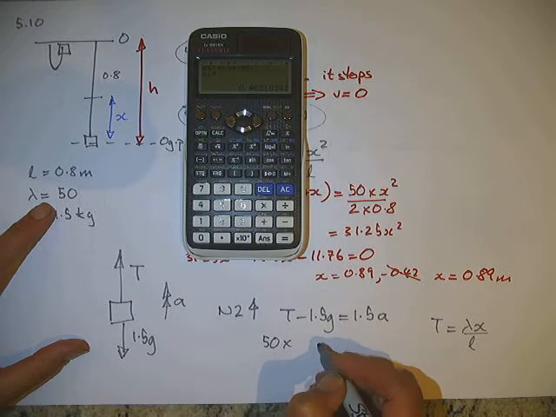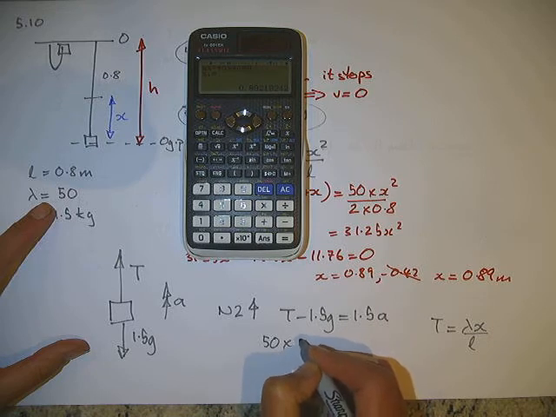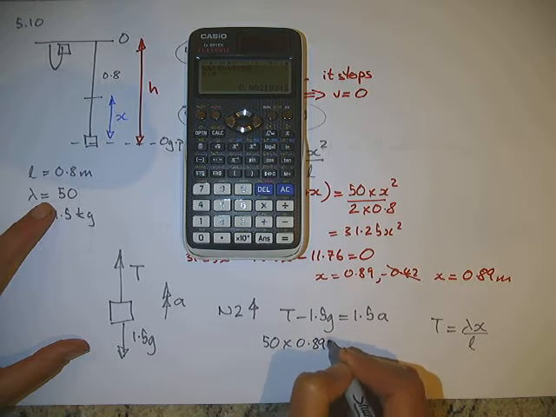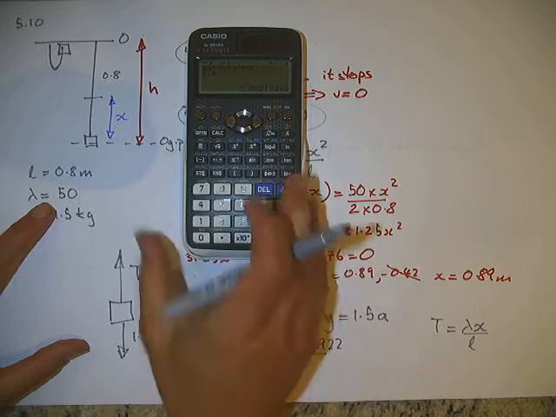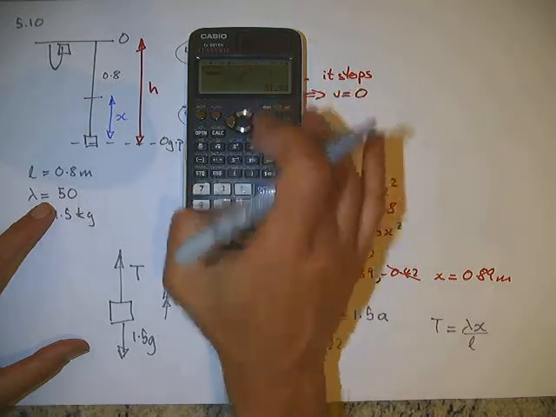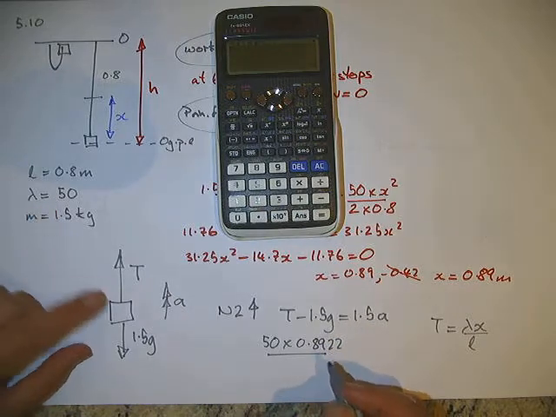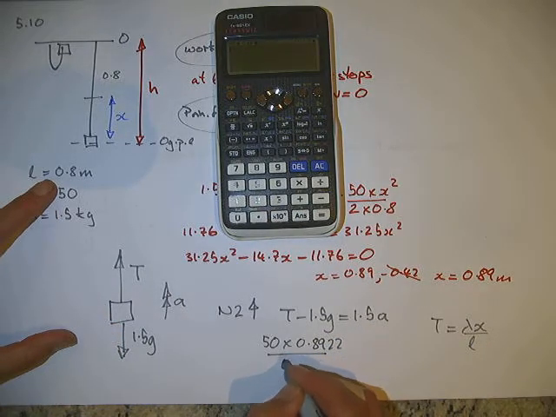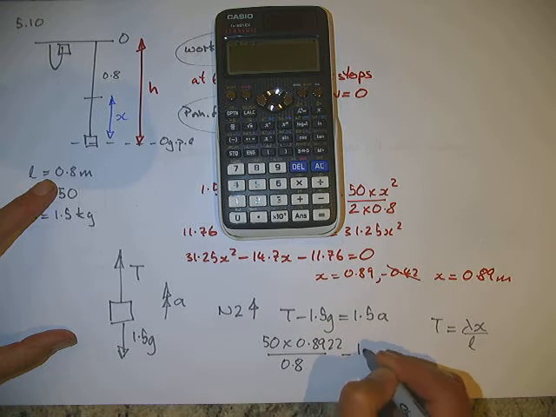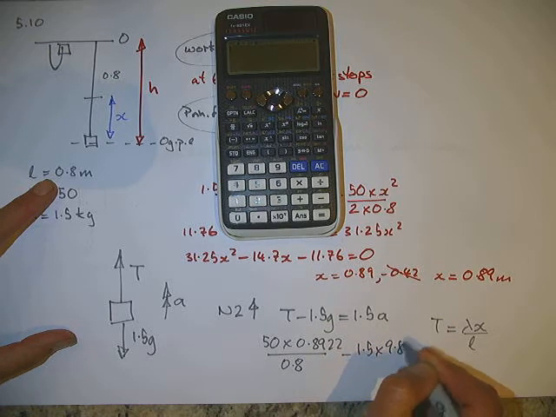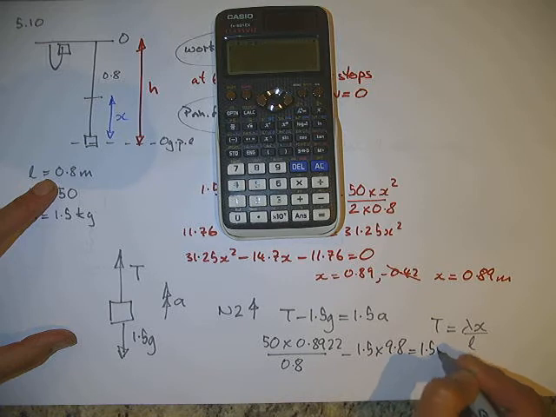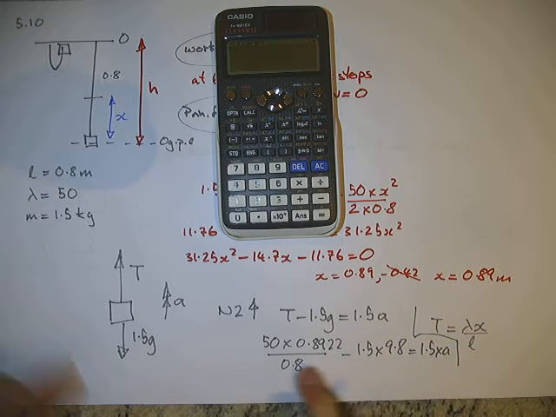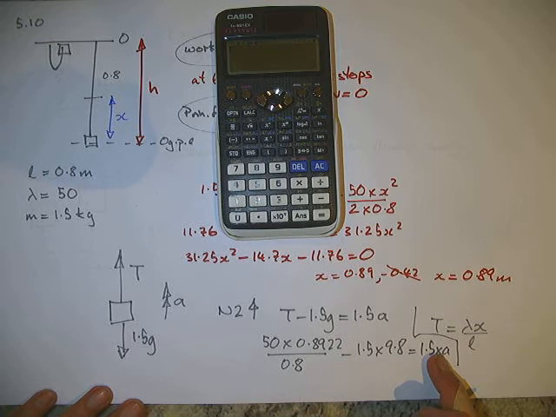That explains why the calculator uses it. A bit sneaky, that, isn't it? So 0.8922 over L, which is the natural length, got to be in meters. Take 1.5 times 9.8 is 1.5 times a. Work that out, divide by the 1.5, and you get 37 meters per second squared.